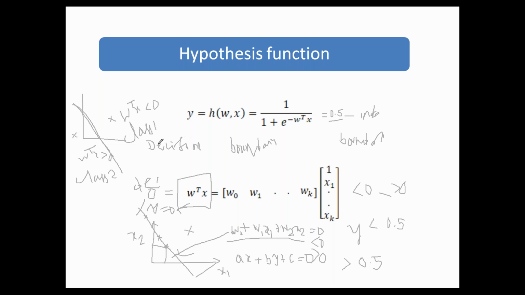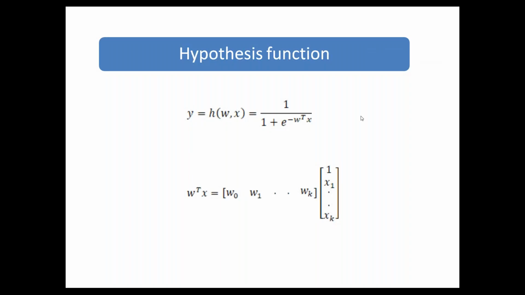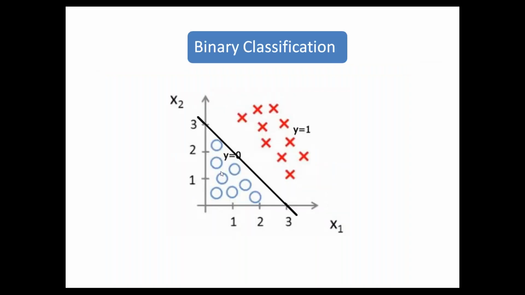So when you have some inputs x1, x2, x3, if it is on one side of the line, you will get y equal to 1. If it is on the other side, you will get y equal to 0. So this can be utilized in classifying patterns. Suppose you have the two features x1 and x2.